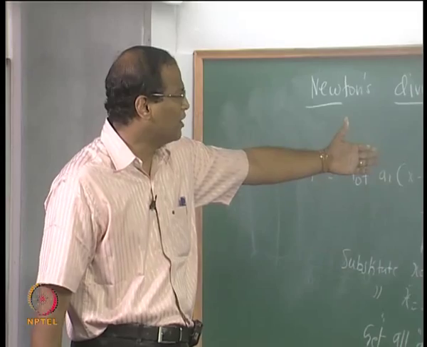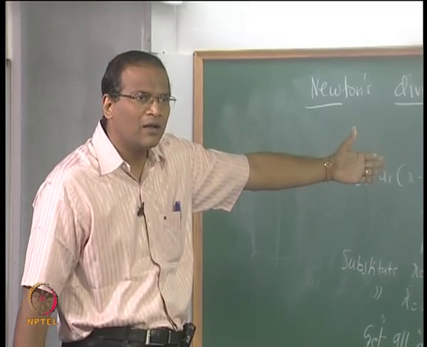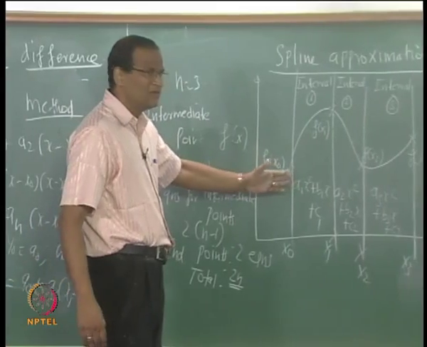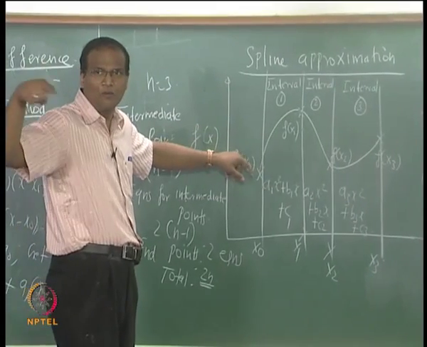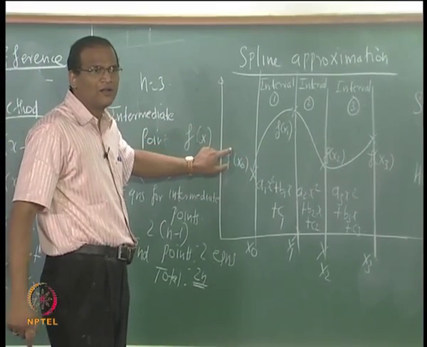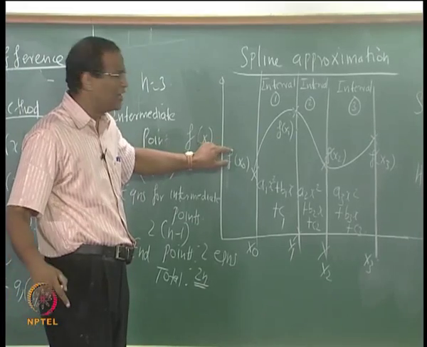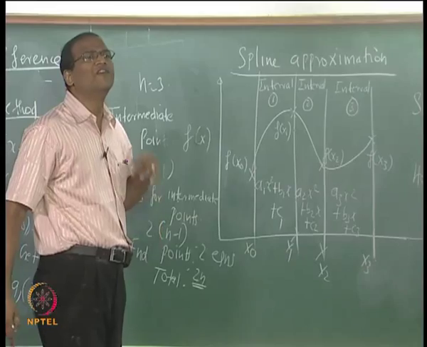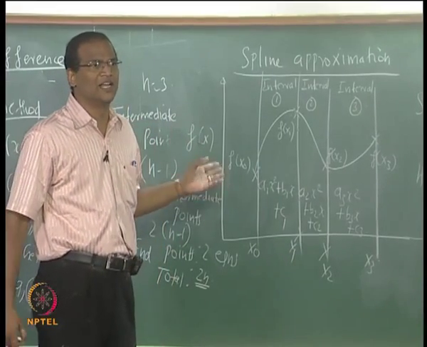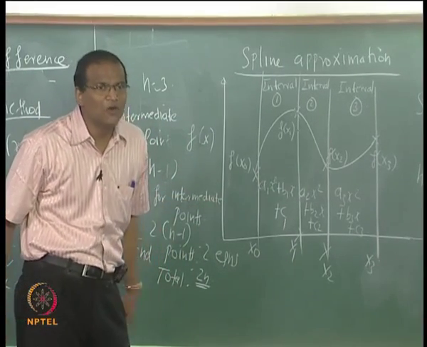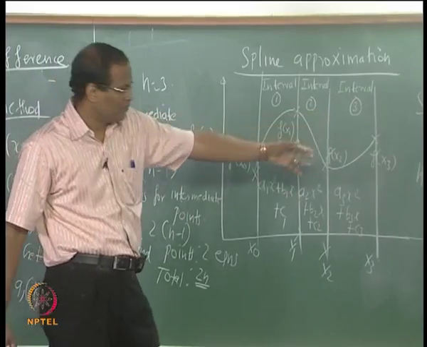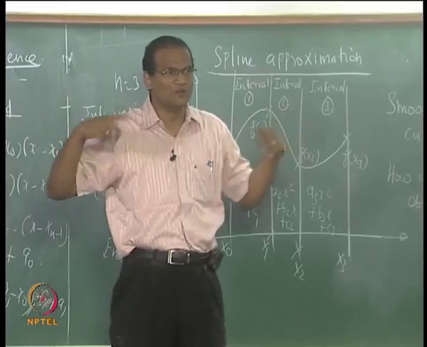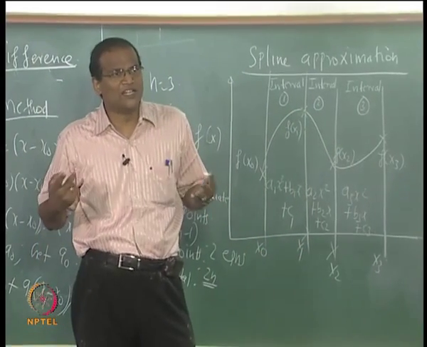What is the second derivative? Second order, I am talking about f double dash of x, which is 2a1. So when you say the second derivative vanishes at the end point, either a1 is 0 or a n minus 1 or n, whatever, is 0. So arbitrarily we put one of these two things 0 if no additional information is available.